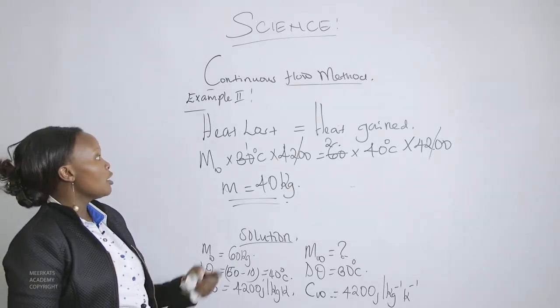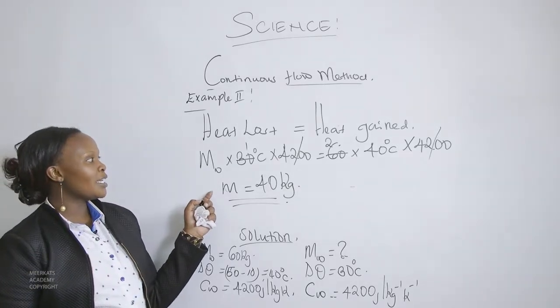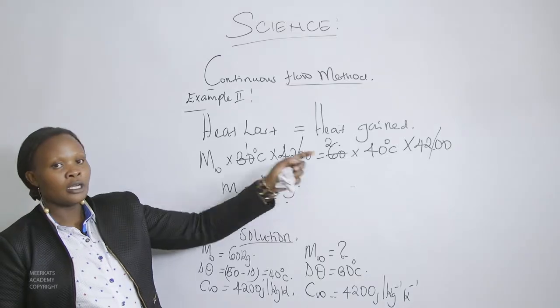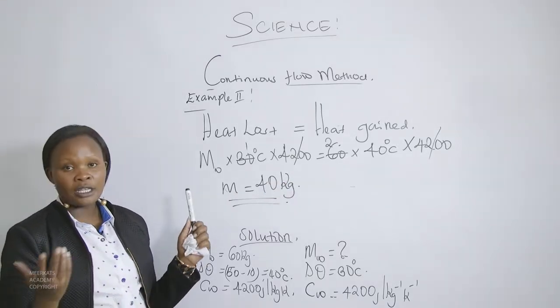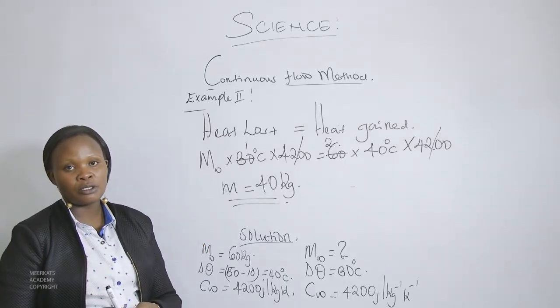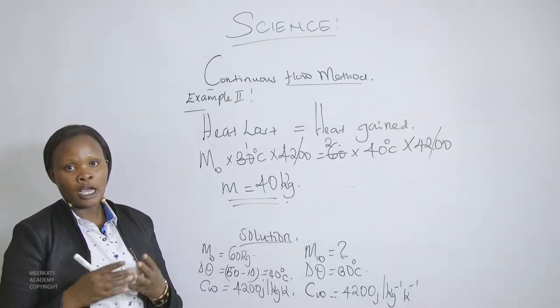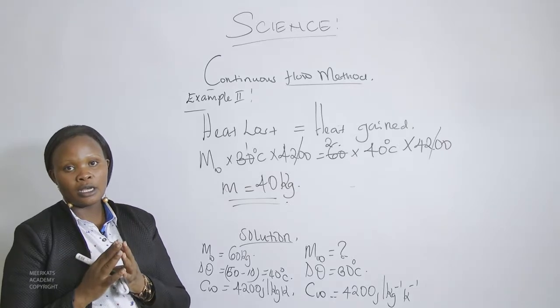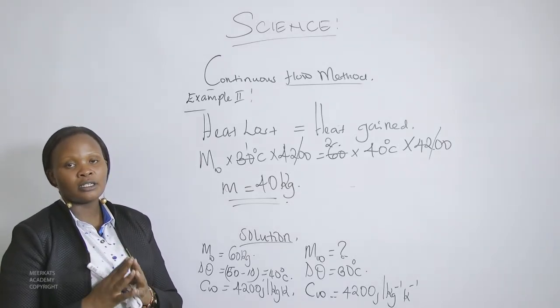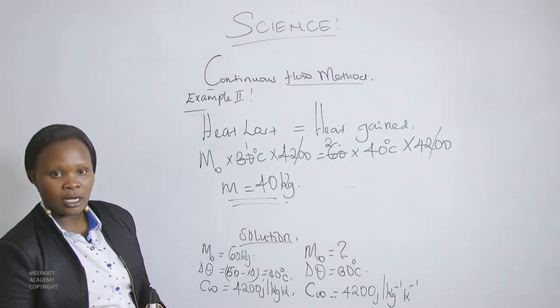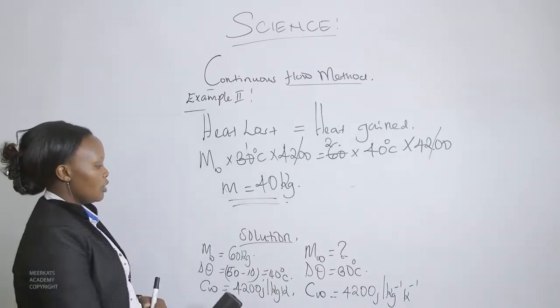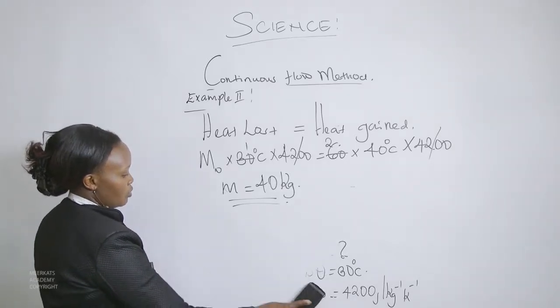So by equating the heat gained to the heat lost, we can achieve the mass or any other parameter that we seek to calculate, as long as we insert the correct figures into our equation.